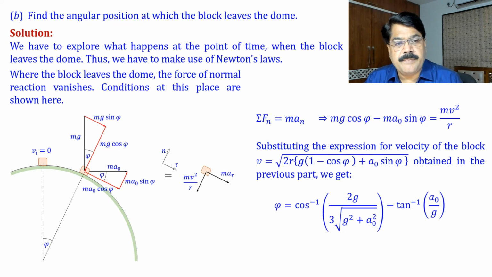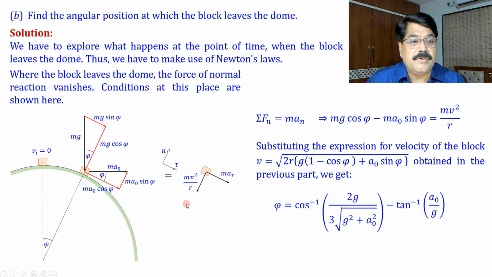So again you can see the idea was not difficult. Suppose you had to solve this b part only, again you have to decide two things. What? The condition of leaving the block. That is, what is happening at a point of time, normal reaction is 0, and that we can incorporate only by using Newton's law. And in that, what you need is mv square, or the speed of the block at phi.